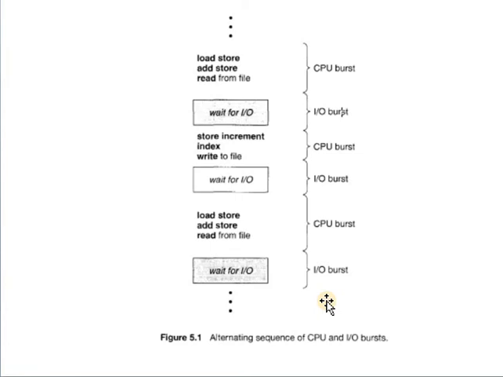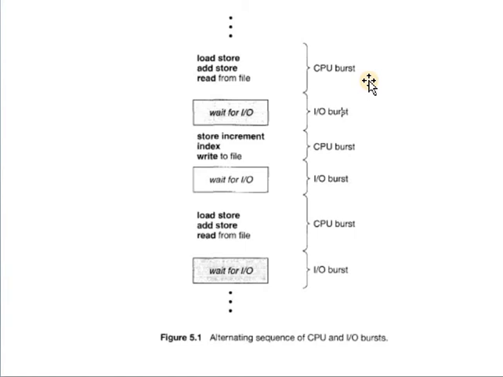First, I will tell you what exactly a burst is. A burst is a continuous action. In real time, what is the meaning of burst? A burst is a continued action. Now, this can apply to different resources in the scheduling concept.